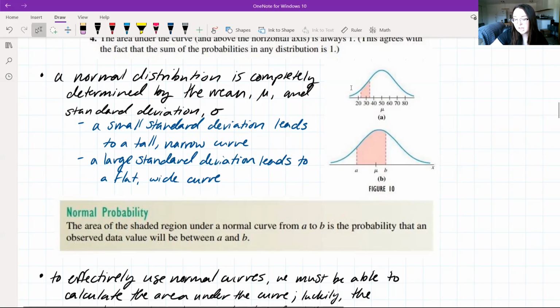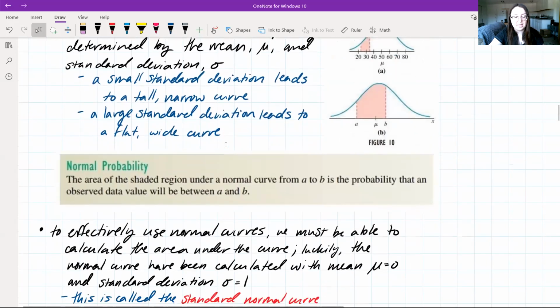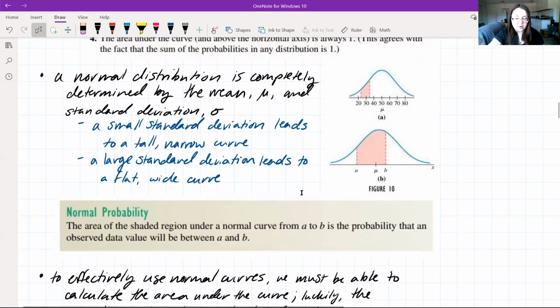In figure 10a this is with real numbers, but in figure B we have example numbers, so we would say between the values of A and B. So this shaded region represents the probability that an observed data value is going to be between these two values.